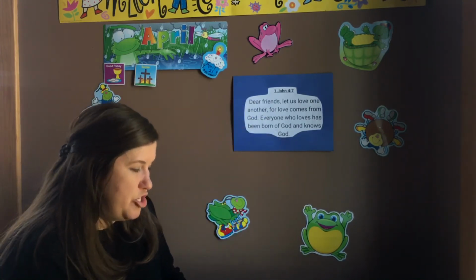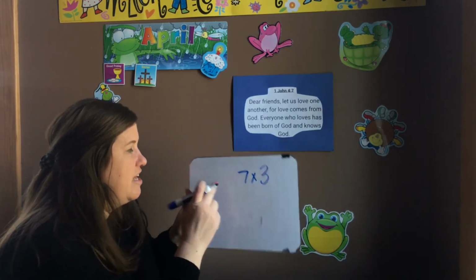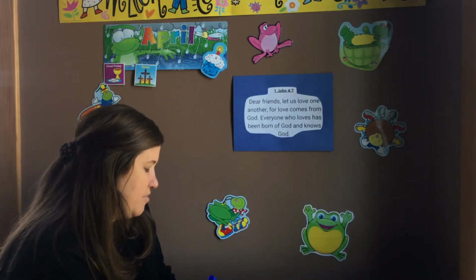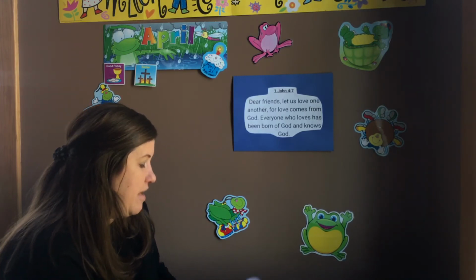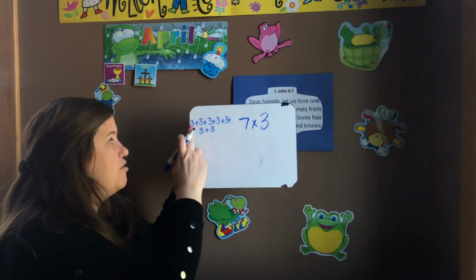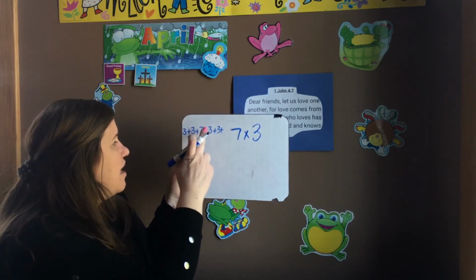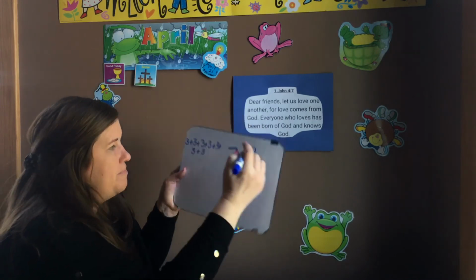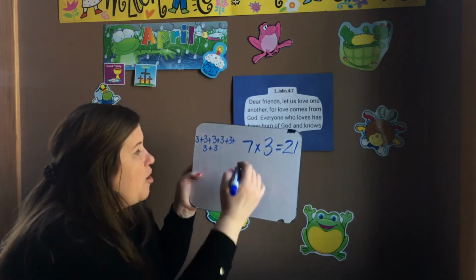And now to show that, this is what they want you to do in the addition sentence, is add 3 7 times. So 1, 2, 3, 4, 5, I'm going to have to go to the next line, 6, 7. So they want you to put all of those 3 plus 3 plus 3 7 times, and then you can count 3, 6, 9, 12, 15, 18, 21. So both boys got that.